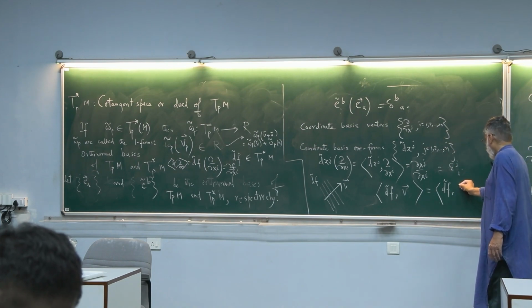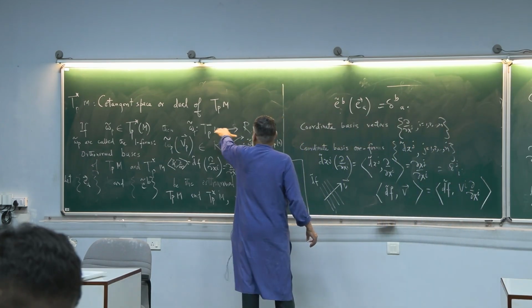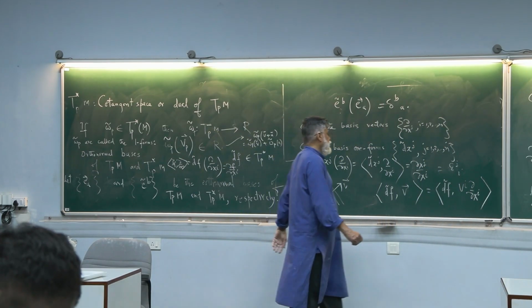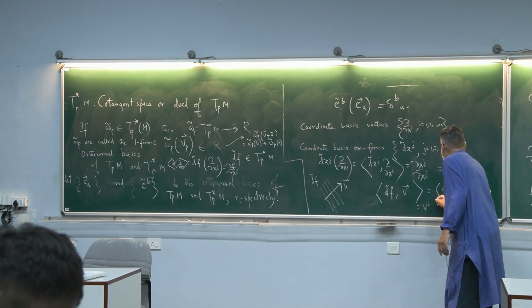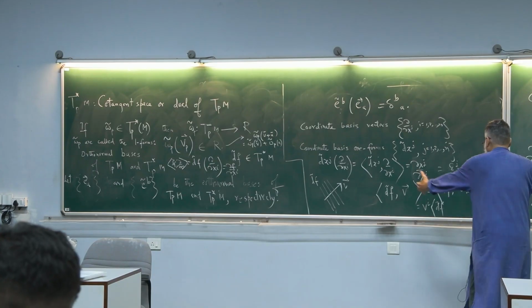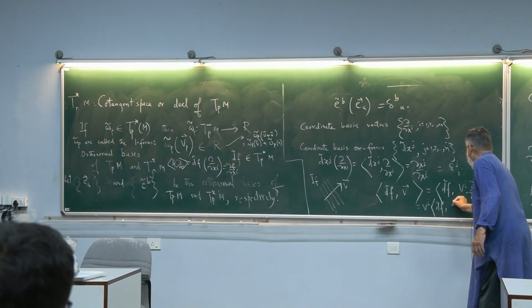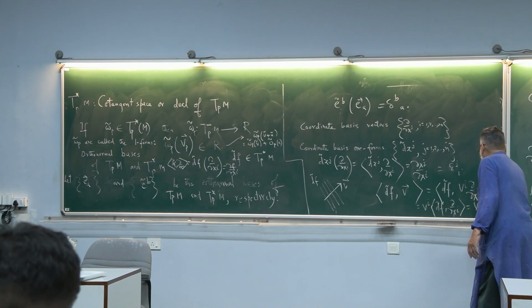So, this is nothing but vi del by del xi, and it is already linear. We have already talked about the linear properties of this mapping, and hence using the linearity, vi will come out, and d of f, remember i is being summed over. So, it is a summation, and this is nothing but vi del by del xi of f.